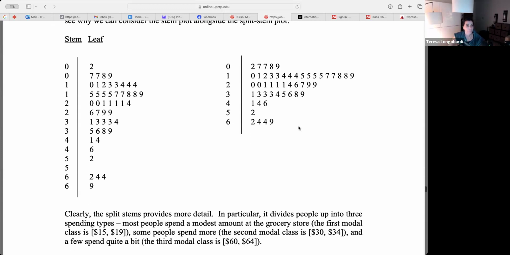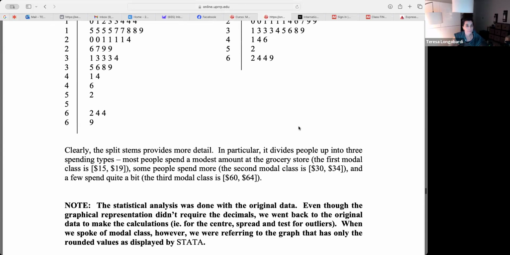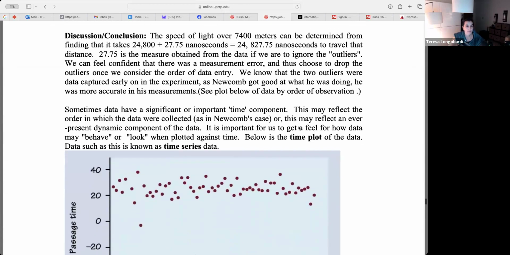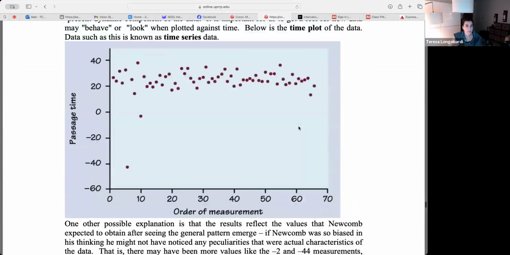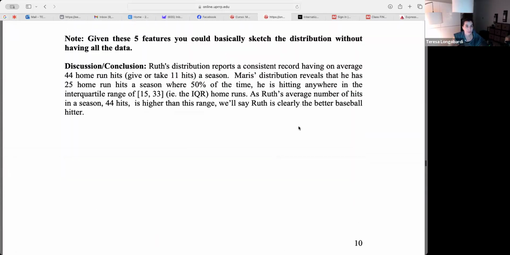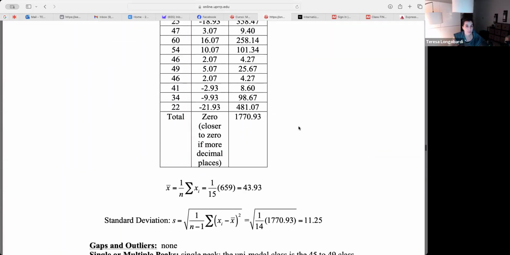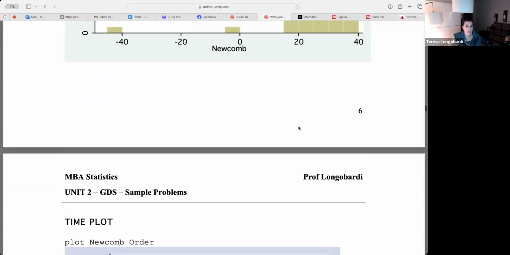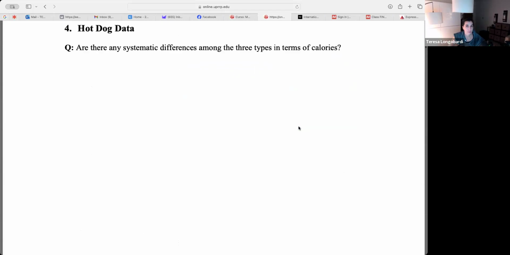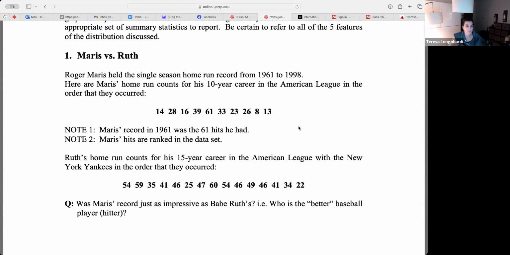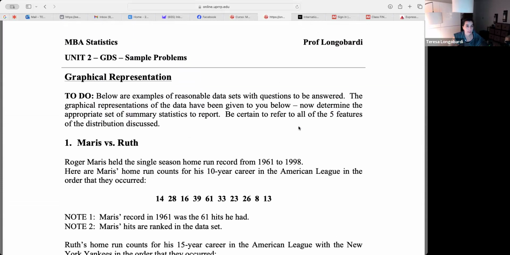Okay, so that's my introduction to this unit where you do a lot of calculations. And I teach you how to use your calculator to make them.